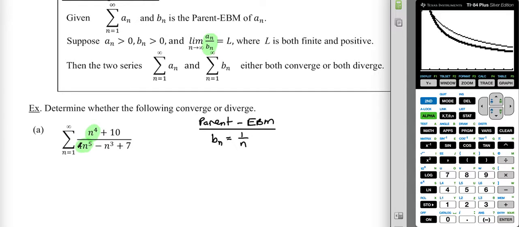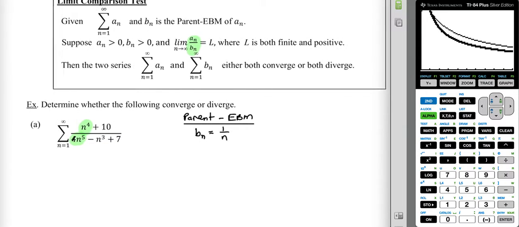Now, a sub n has to be greater than 0. Now, we could look at the picture. a sub n itself is a sequence of values, but we could also look at it in the form of a function. All right. So now we're not going to be using an integral of some kind of function.